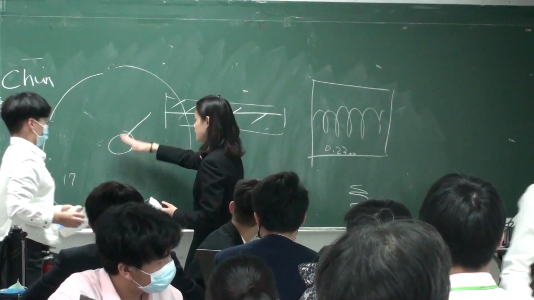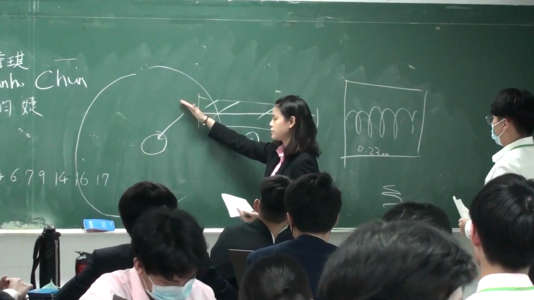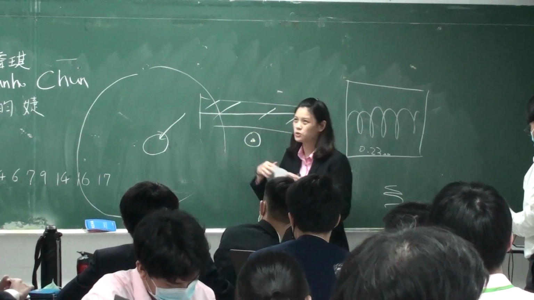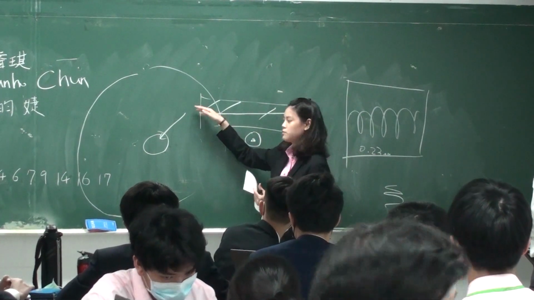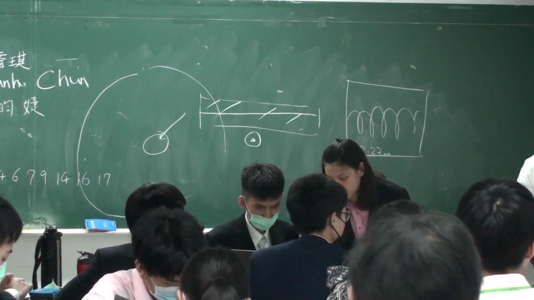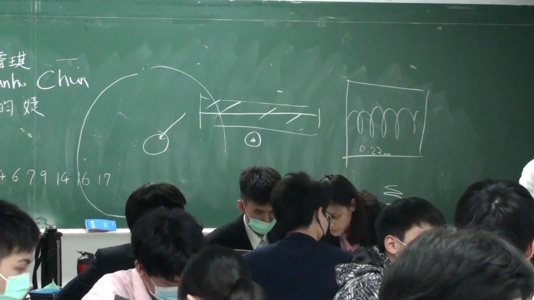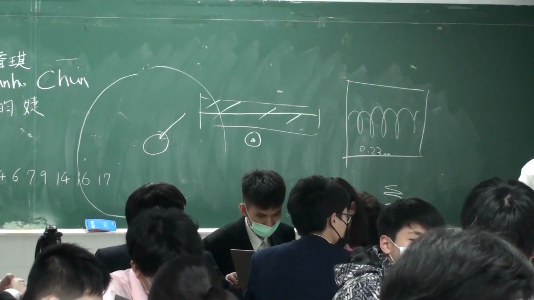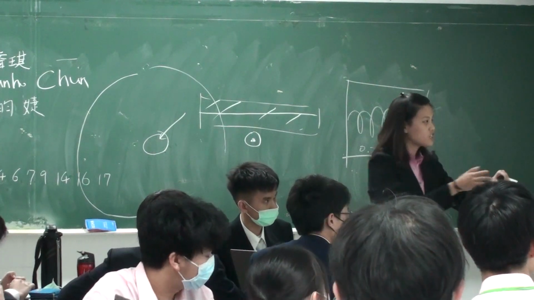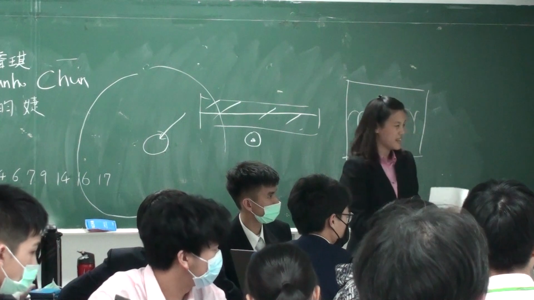In my theory, if the coil is here and the fan is here, the most thermal dissipation is caused by the wind speed, and the wind speed will decrease by distance like this. So when the fan is farther and farther, the wind will be too small and can be neglected.